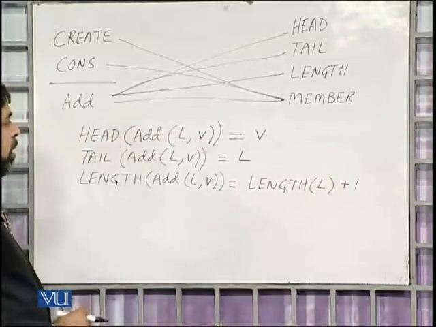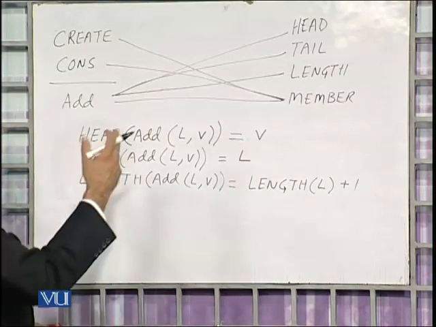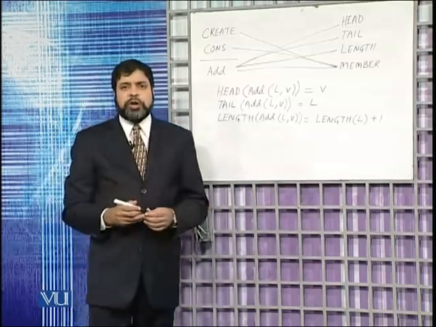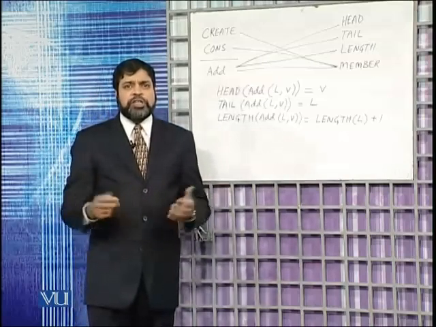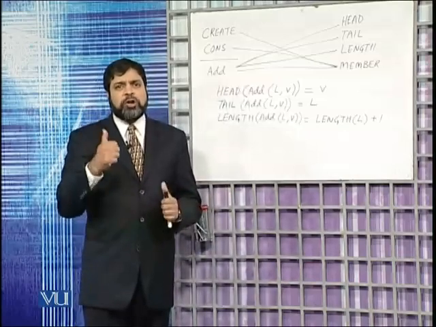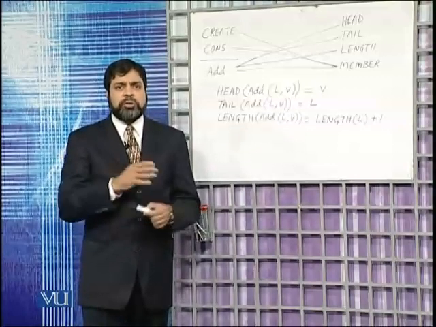So this is a very simple set of axioms for head, tail, and length. Nothing very special about it. You can very easily see that there is nothing in it. It makes a lot of sense. Just intuitively, you can write those things. Nothing complicated.